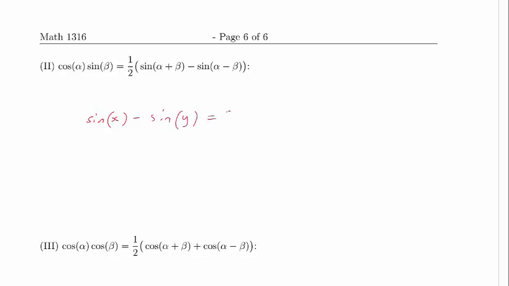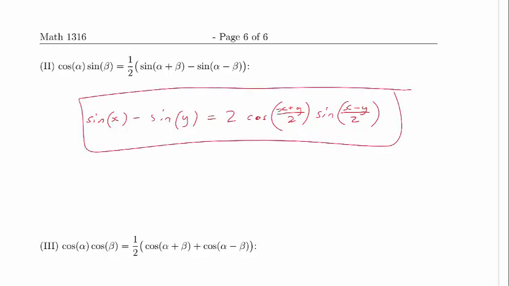And that equals 2 times cosine of alpha, which is x plus y over 2, times sine of beta, which is x minus y over 2. And that's it. That's our formula. Now let's go to the next one.